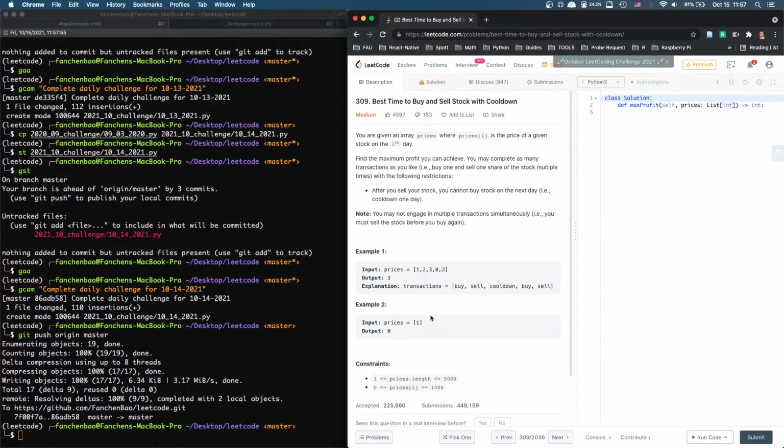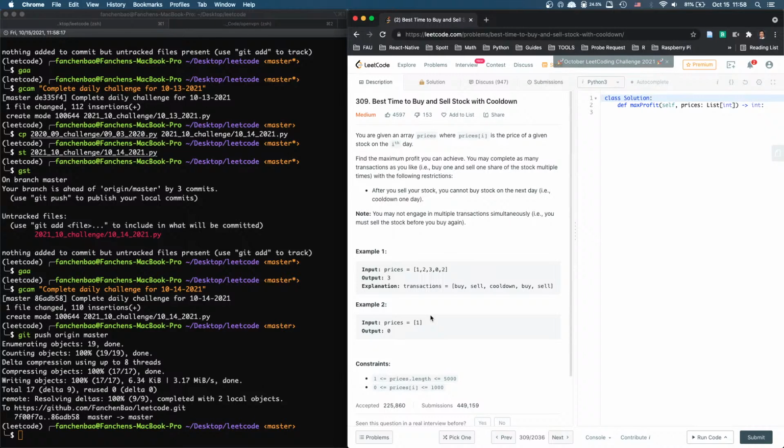So the new holding state will be the maximum of the previous holding state and the empty state minus purchase. The purchase is going to say -1, so this one is going to be 0.